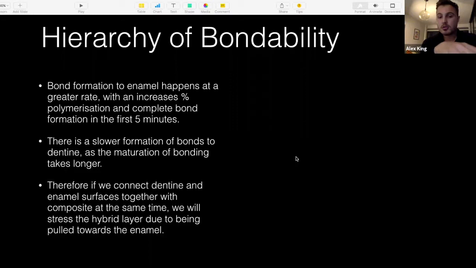There's a slower formation of bond to dentine, and that's why the maturation takes longer. And this is where we need to respect the fact that if we're connecting dentine and enamel together, if we're connecting the hybrid layer to the enamel straight away with a lot of composite, we're going to get shrinkage towards the surface that wants to bond the quickest. So this is the concept of hierarchy of bondability.